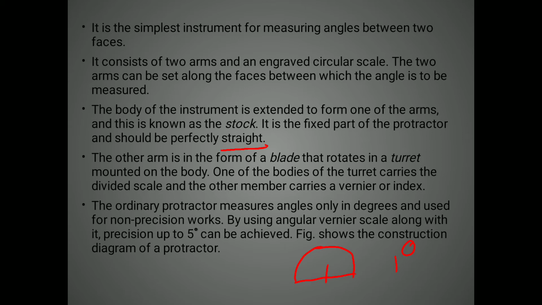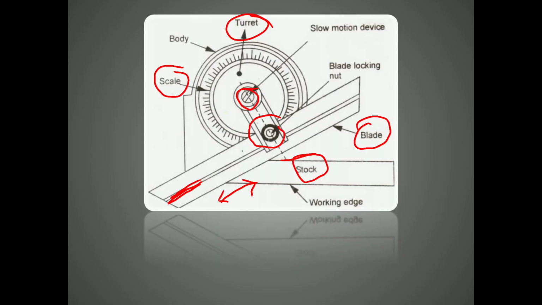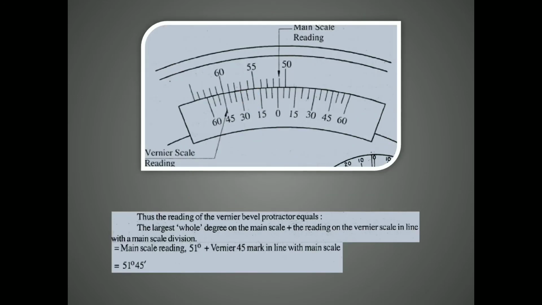The construction diagram shows you the vernier protractor. Here you can see how the least count is obtained. Over here you can see the vernier scale reading in the clockwise direction.